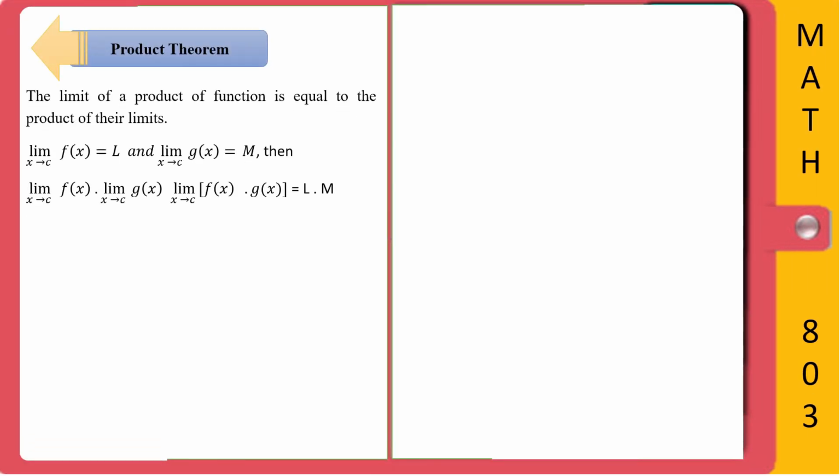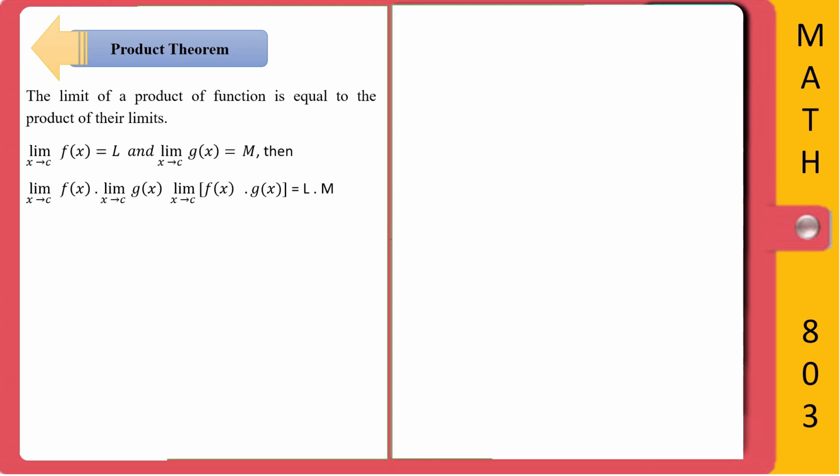The next theorem is the product theorem. The limit of a product of functions is equal to the product of their limits. Suppose we have the limit of f of x as x approaches c is equal to L, and the limit of g of x as x approaches c is equal to m.